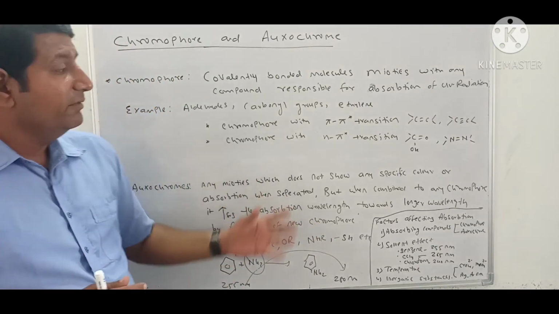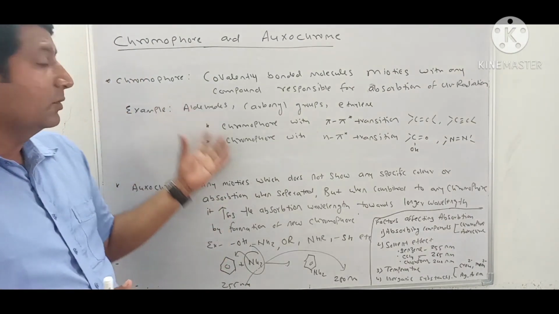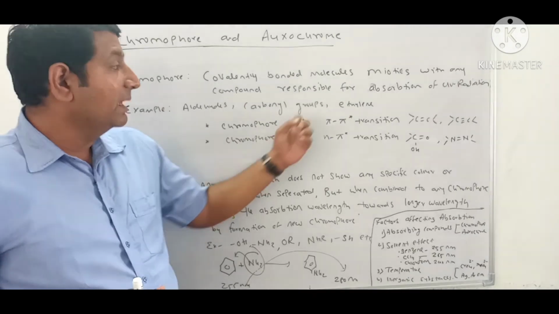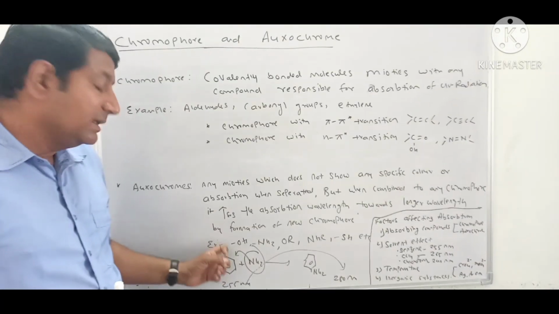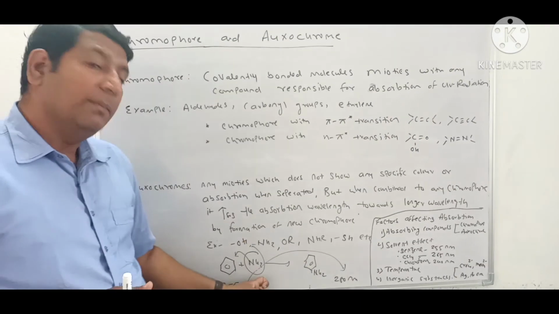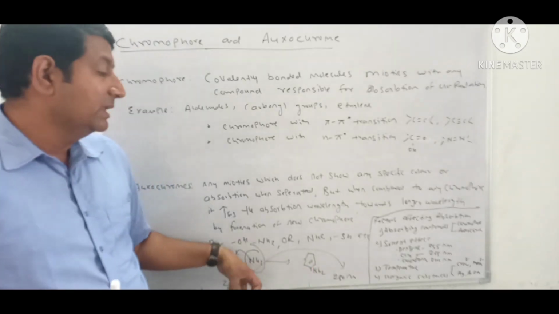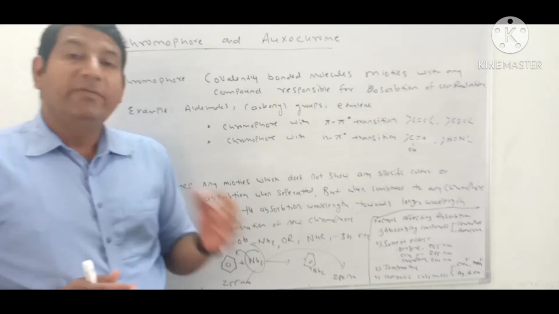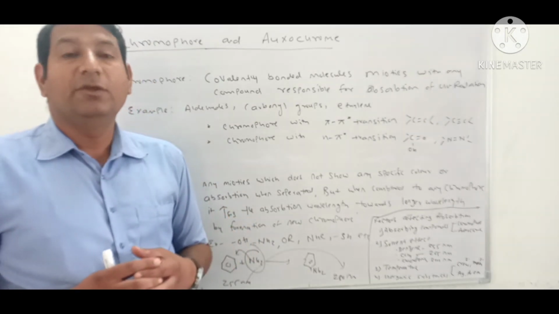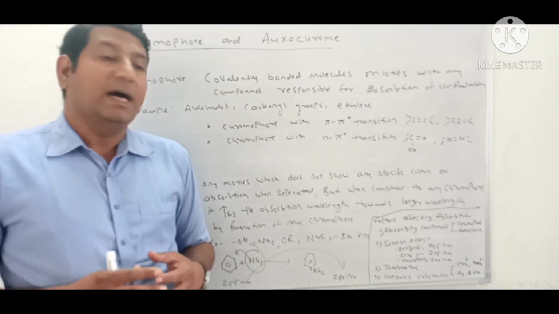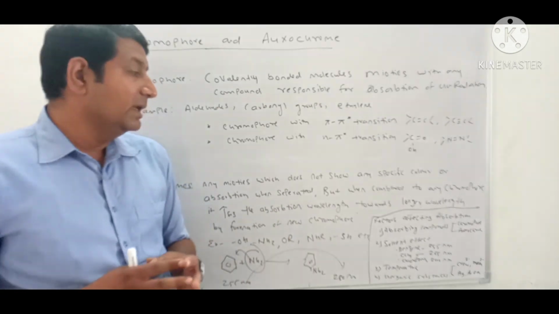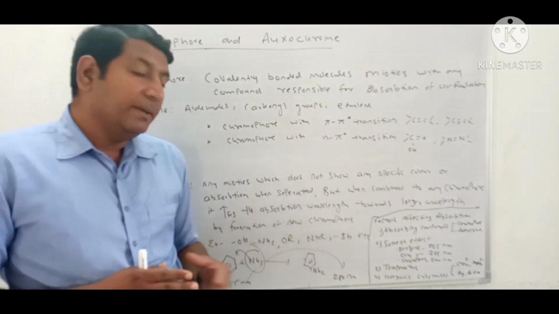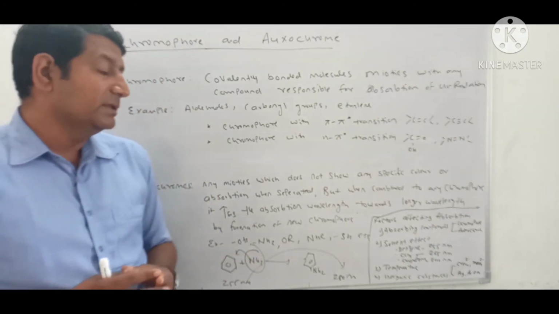So in this lecture we have studied what chromophores are, what auxochromes are, types of chromophores, examples of chromophores, examples of auxochromes which show an increase in lambda max, and we have also studied the various factors affecting absorption in UV visible spectroscopy, which are presence of absorbing compounds like chromophore and auxochrome, effect of solvents, effect of temperature, and effect of presence of inorganic substances.